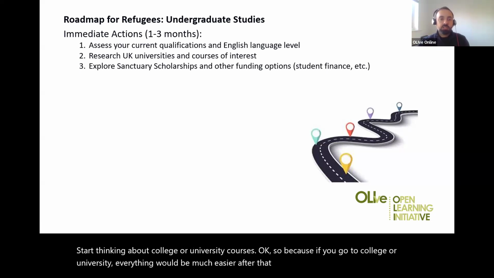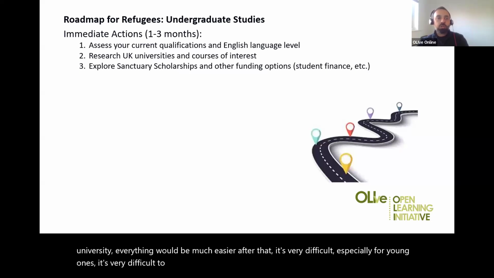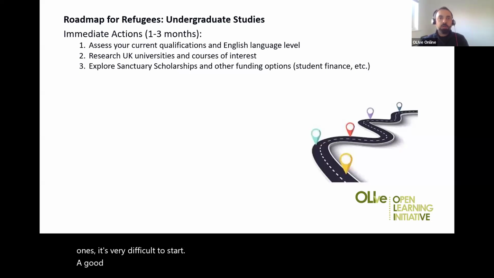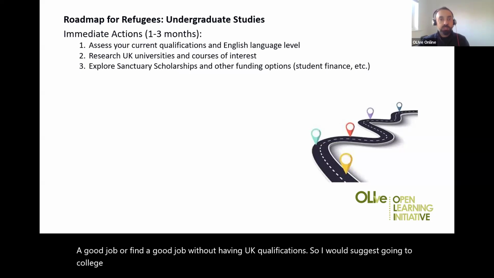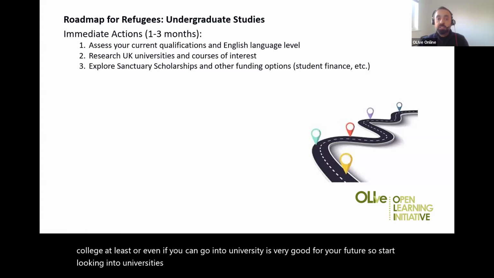It's very difficult, especially for young ones, to start a good job or find a good job without having UK qualifications. So I would suggest going to college at least, or even if you can go into university, it is very good for your future. So start looking into universities, scholarships, other courses for refugees that you can benefit from.